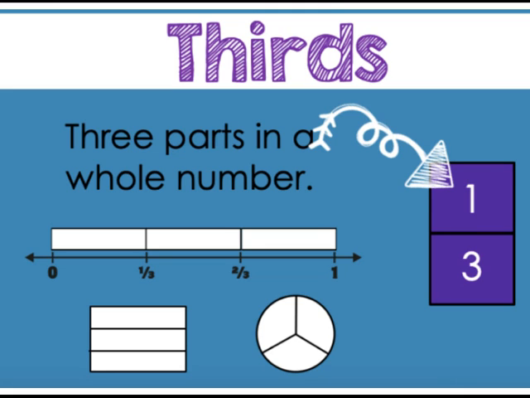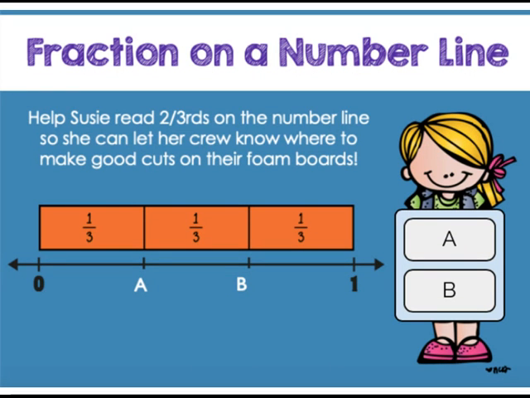Okay, so help Susie read 2/3 on the number line so she can let her crew know where to make good cuts on the foam boards. Where's 2/3? Okay, can you show me on your whiteboard where you think 2/3 is? A or B? I gave you 2 choices. You got a 50-50 chance.